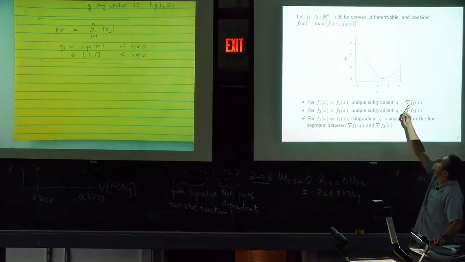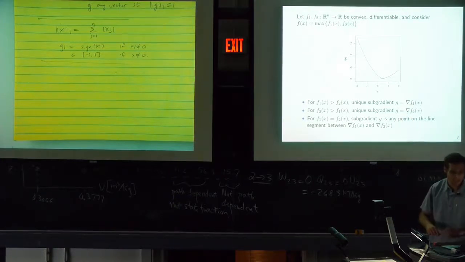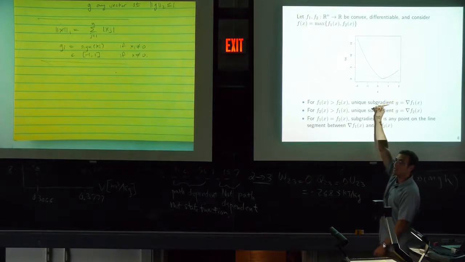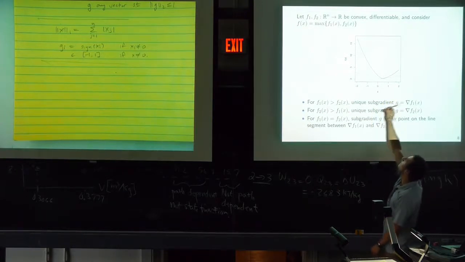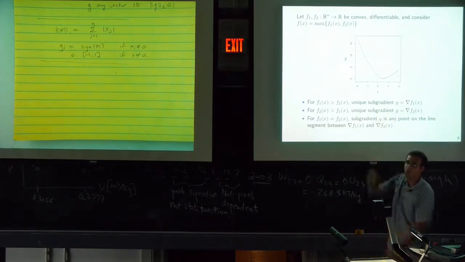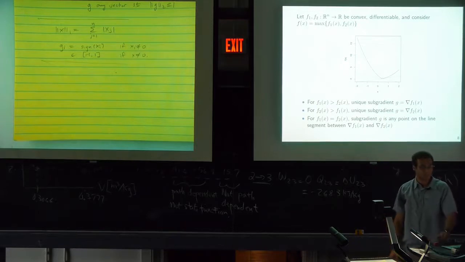So in this picture, it's anything basically between those two lines. On one extreme, it can be up to the slope of this line, which is the gradient of f1, say over here, and anything up to the slope of that line, which is the gradient of f2. So again, you can check this.